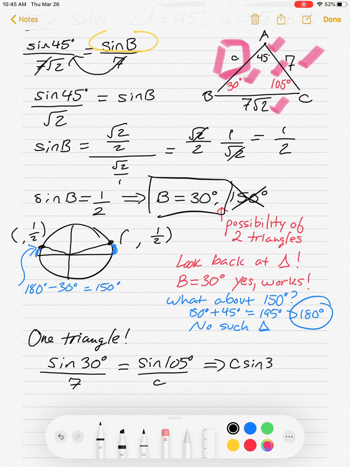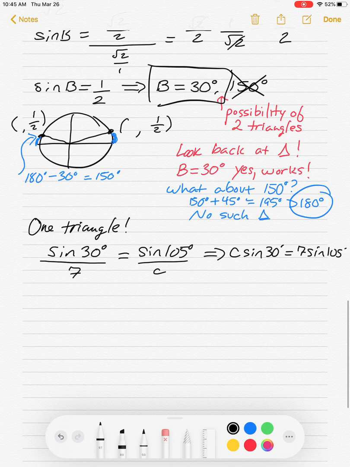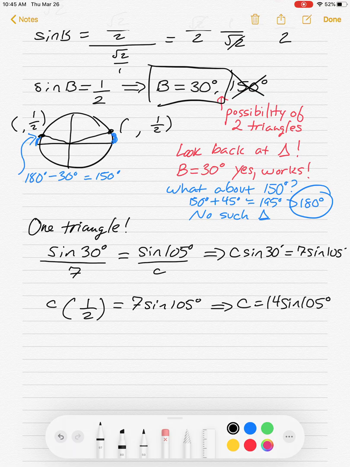C sine 30 degrees is 7 sine 105. Now 105 degrees is not a special angle. 30 degrees, of course, is. So multiply by 2. So C is 14 sine 105 degrees. And so we have it.